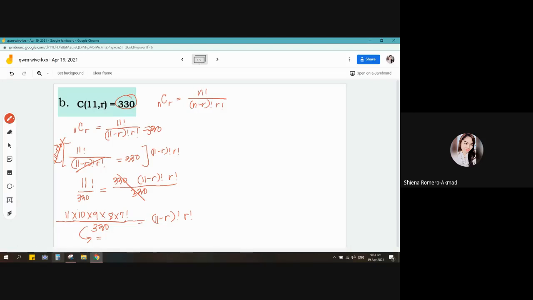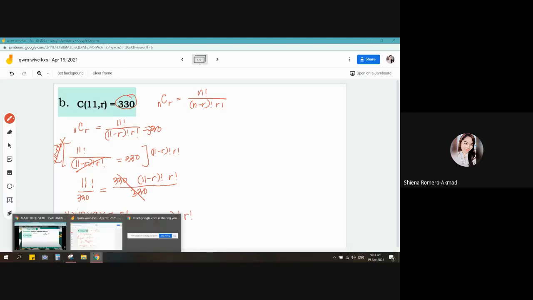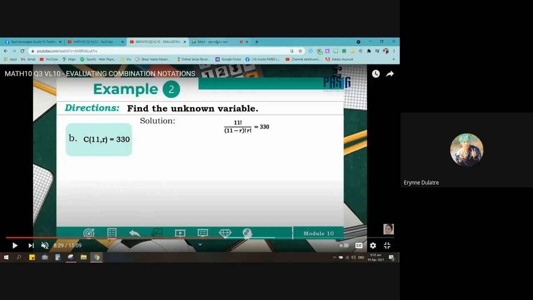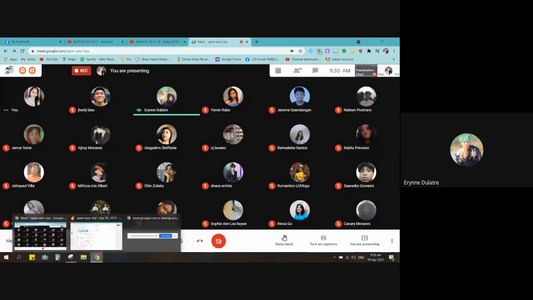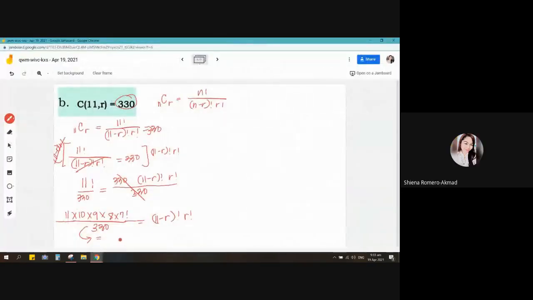Andiyan ba kayo? Pwede po ano, 1, 2, 3, 5, 6, 10, saka ano po, 1 dito 11, times 3 times 5 times... Ano sunod ng 5? 6 po. Lahat ba yon magiging 330 agad?